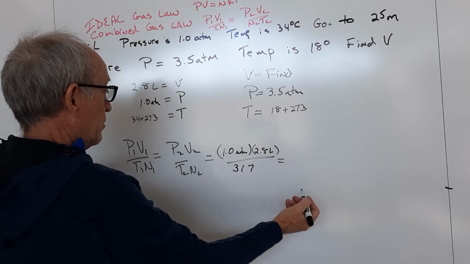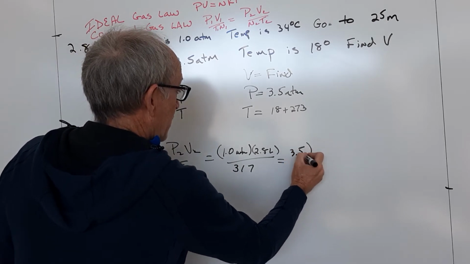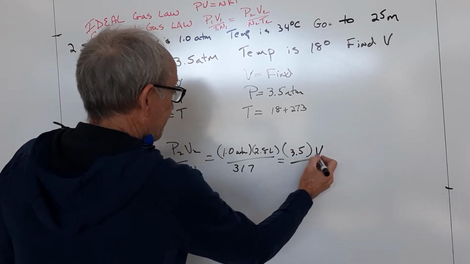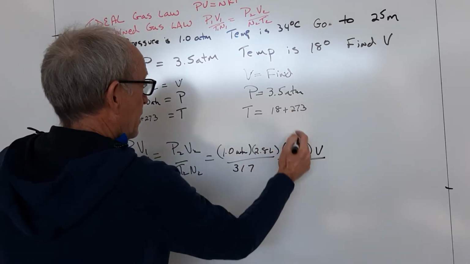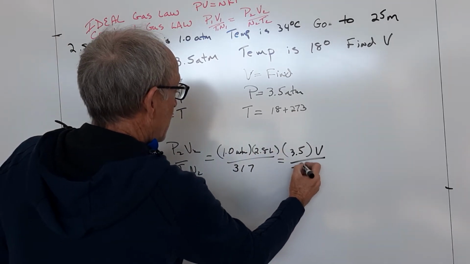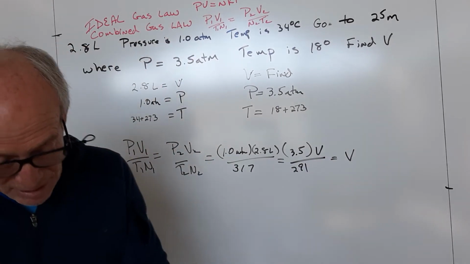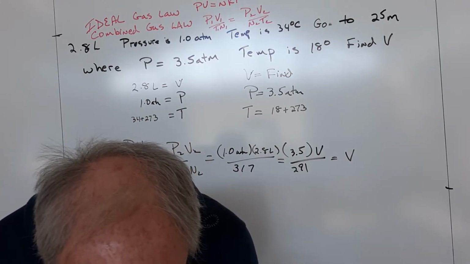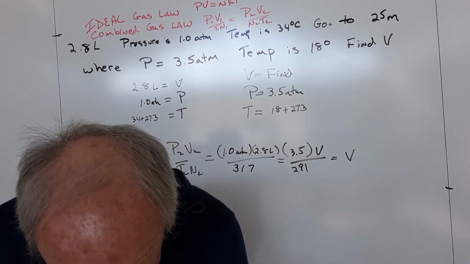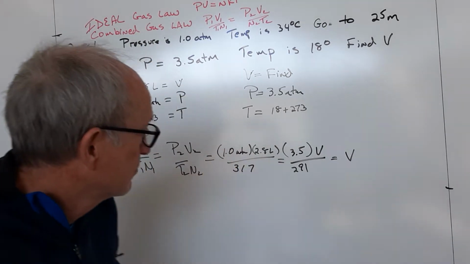That's equal to my pressure, 3.5, times my volume, divided by my temperature, which is 18 plus 273, or 291. I solve for my volume, and the answer is 0.76 liters.